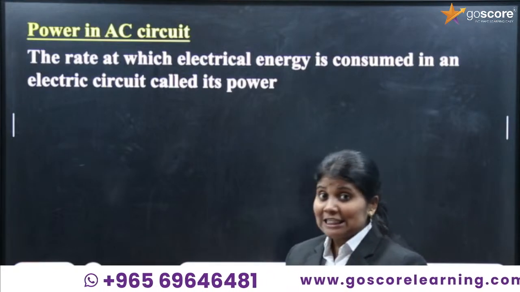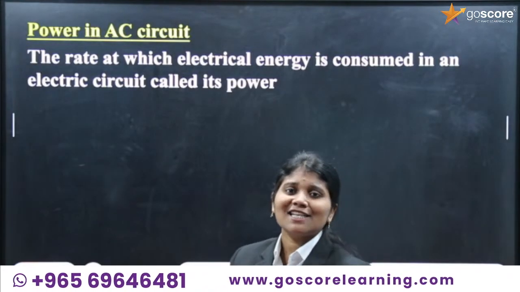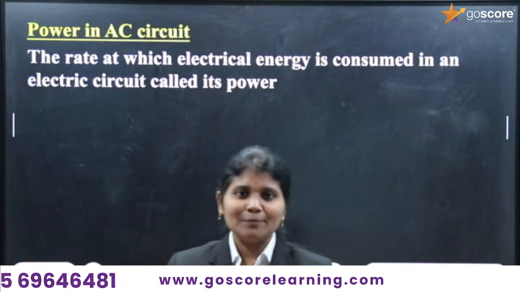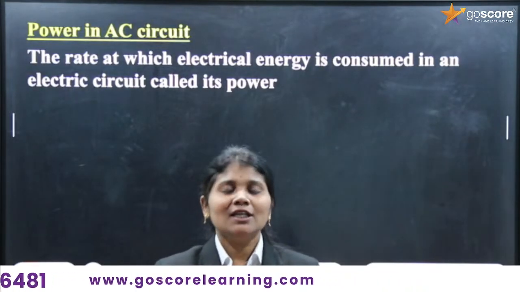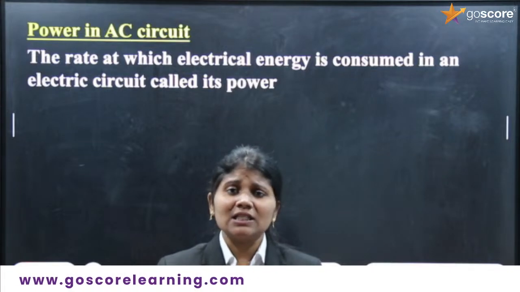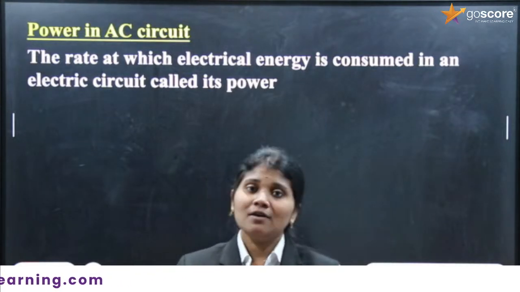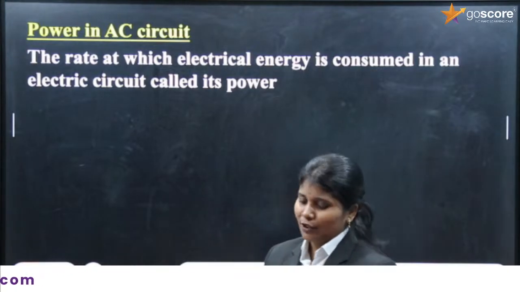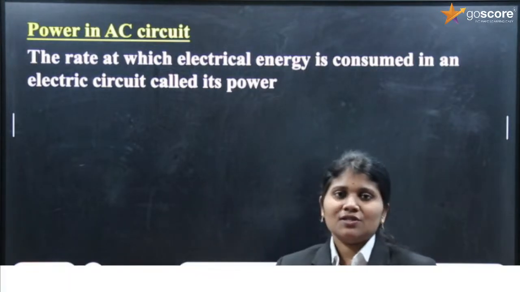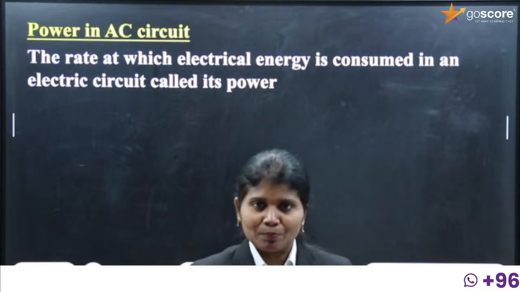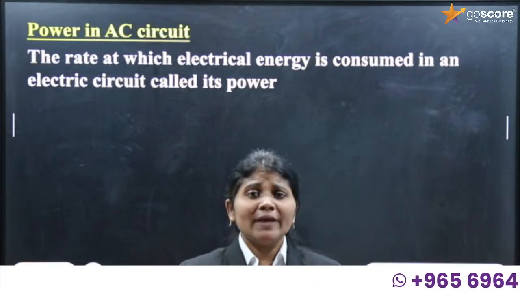What about in an AC circuit? What is happening in an AC circuit, guys? Voltage and current both depend upon the time period. Simultaneously, both voltage and current change with respect to time in an AC circuit. That's why we are considering average power here. Total power will be 0.